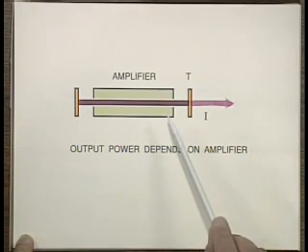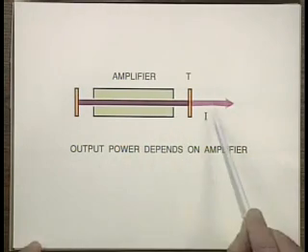So the bigger the amplifier, the more power we'll get. As simple as that. Later we will find out how an amplifier works. If we can come up with a bigger amplifier and learn how to make one, then we'll really know the secret of making high power lasers. So it's in the hands of the amplifier.